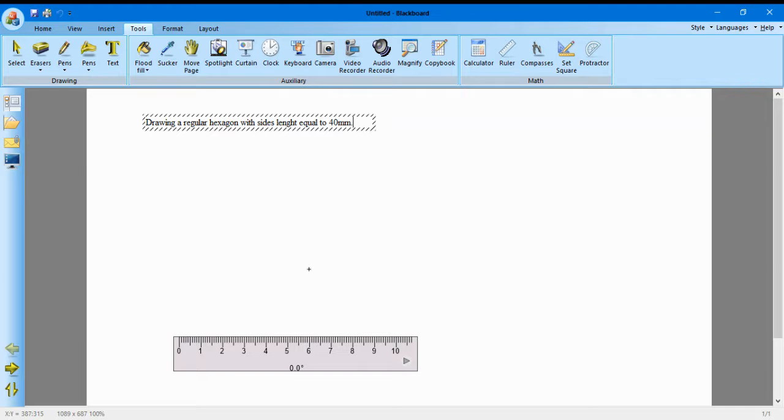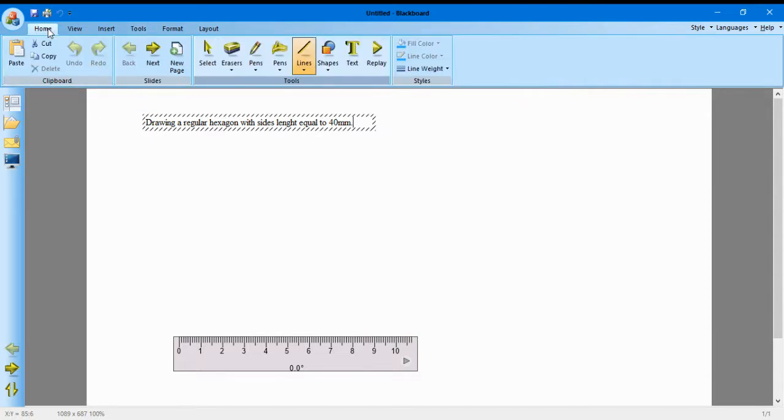And if you remember, how many sides does a regular hexagon have? It has a total of 6 equal sides. So we're going to start by constructing this hexagon. So I will use my ruler to find the correct measurements.